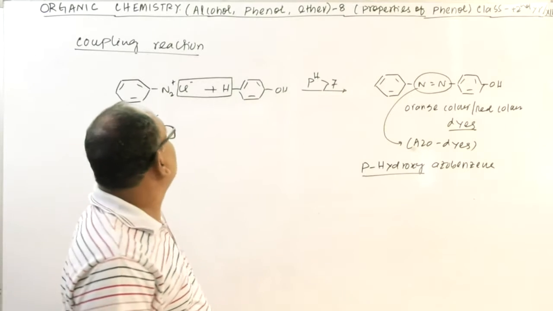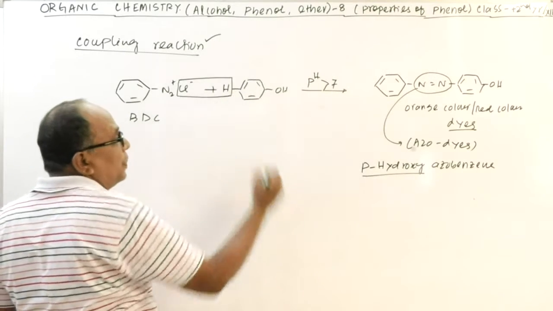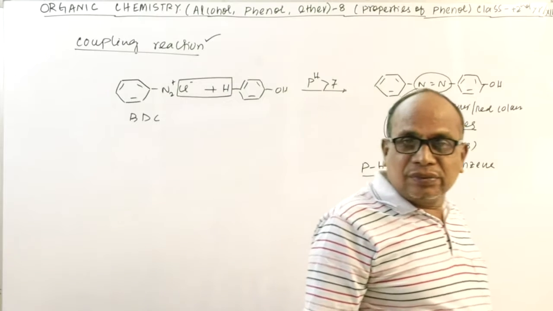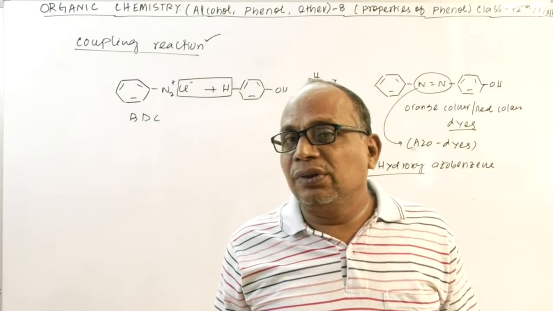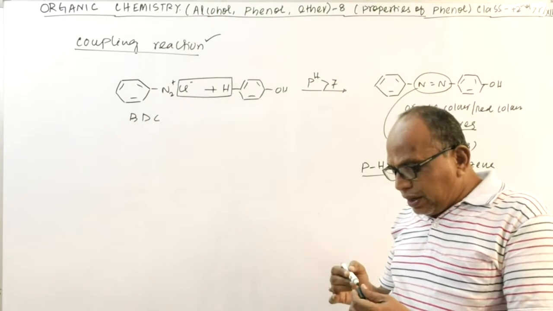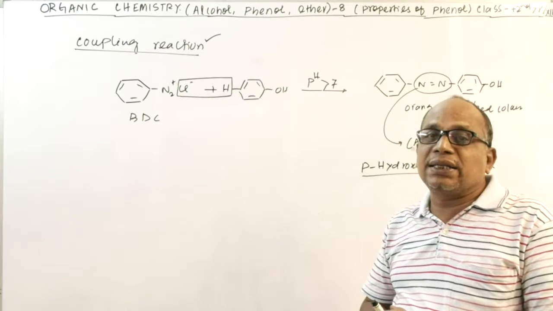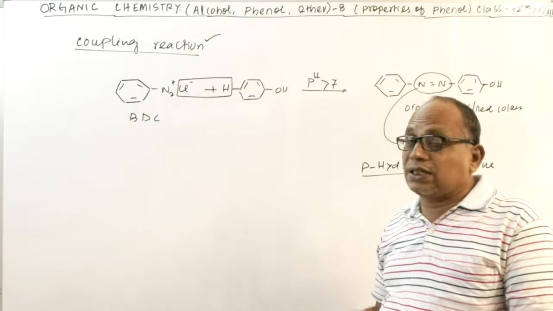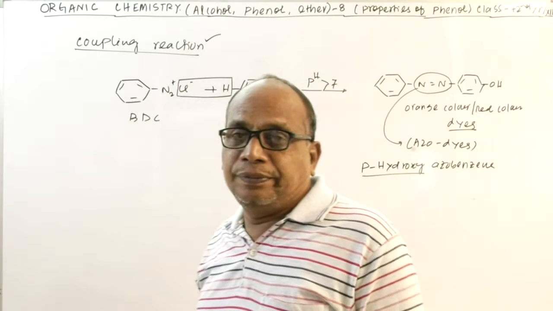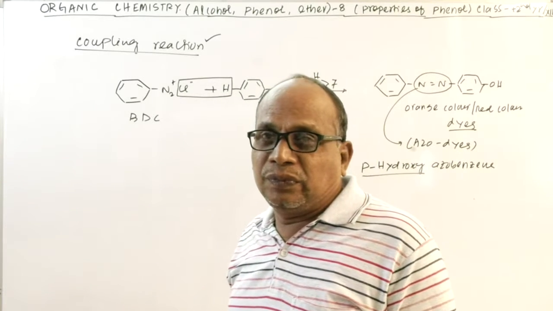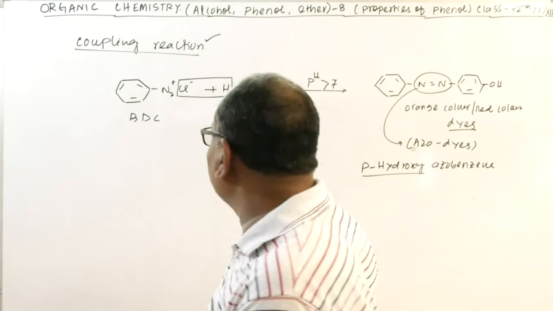And this reaction is known as what reaction? Coupling reaction. In the coupling reaction, you form what? A colored compound, the azo dye. Sometimes this is used for the test of phenol. Okay.